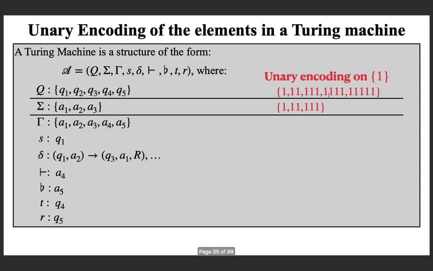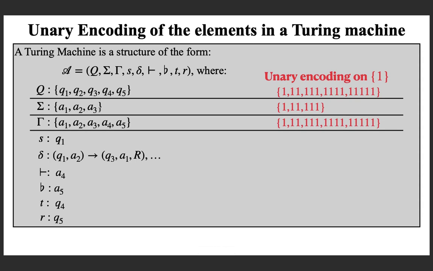Okay. Similarly, this will be the unary encoding for the alphabet set. For example, 11 will be representing A2. Naturally, this is the unary encoding of the tape alphabet set.